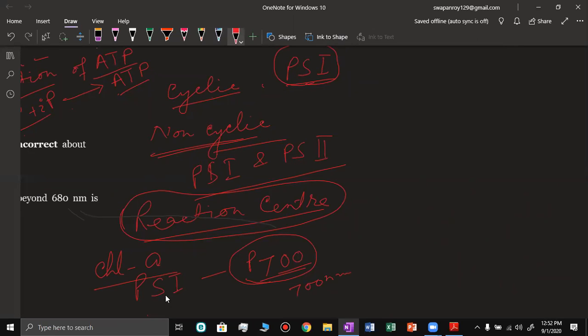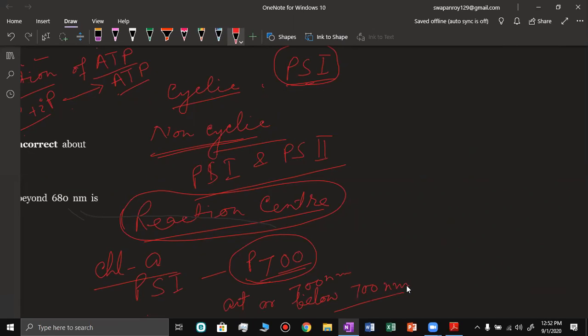This PS1 has P700, so they absorb light at or below 700 nm.